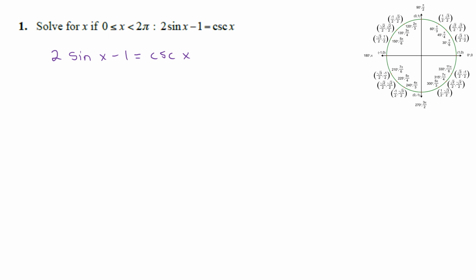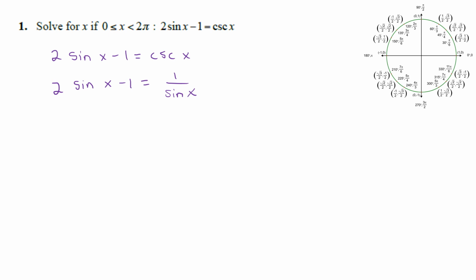In this problem, I see sine x and I see cosecant x, and I know that they are related to each other. Cosecant is the reciprocal of sine and vice versa. So I can rewrite cosecant in terms of sine. So I'll have 2 sine x minus 1 equals 1 over sine x.